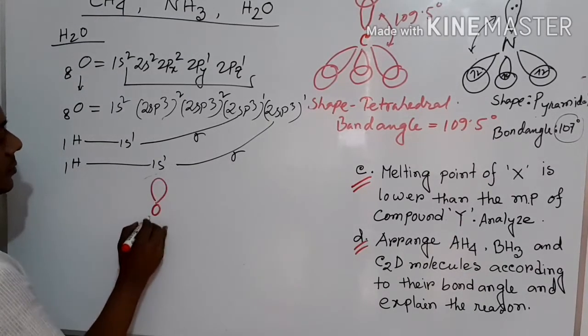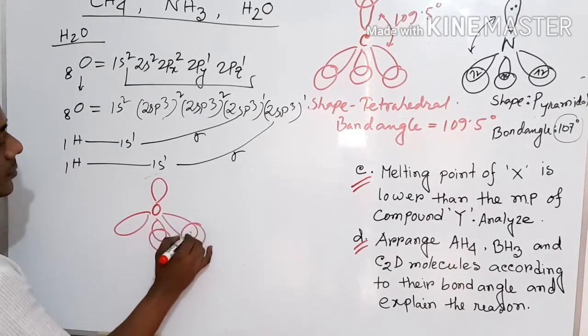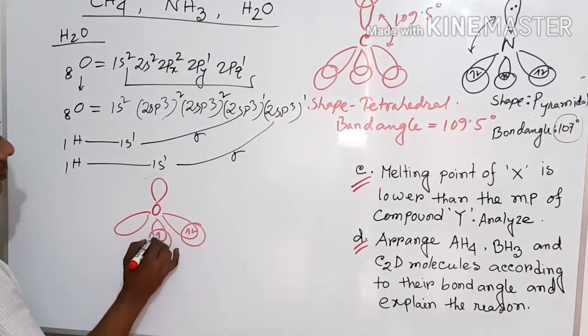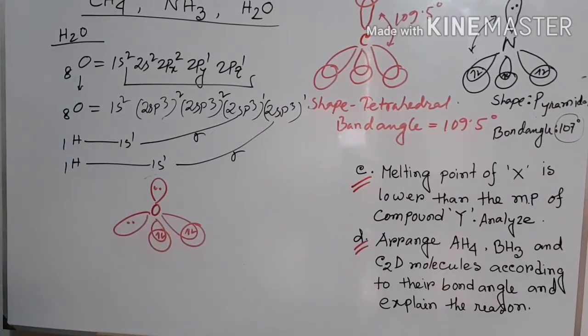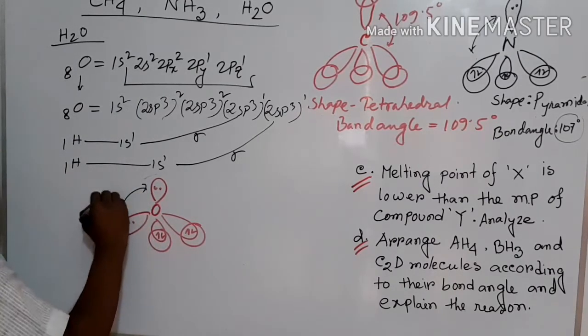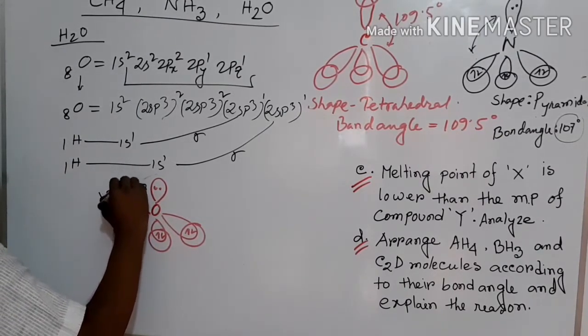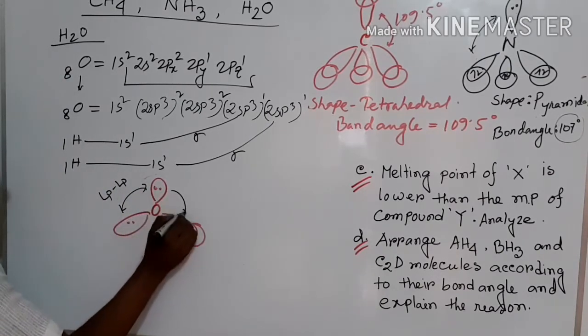In oxygen, two lone pairs of electrons are present. In this shape, the two lone pairs repel one another. That means LP-LP repulsion is present, and here LP-BP repulsion is also present.